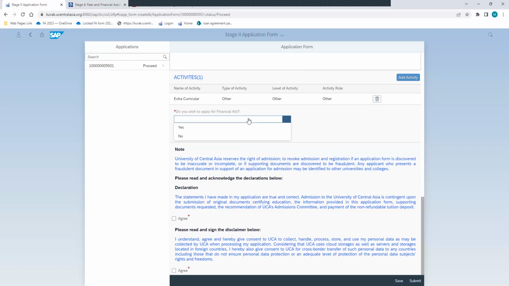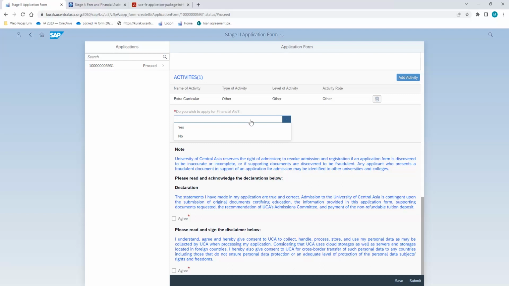We have only 2 answers for this question, yes and no. So please be very, very careful when you answer this question, because when you choose no, you will not be able to apply. We have already mentioned this, and you will fail to apply for financial aid for the upcoming year.